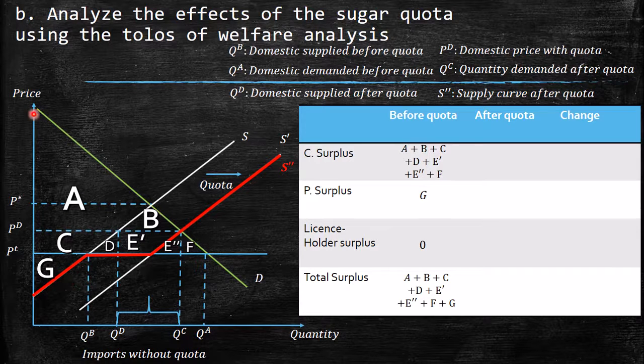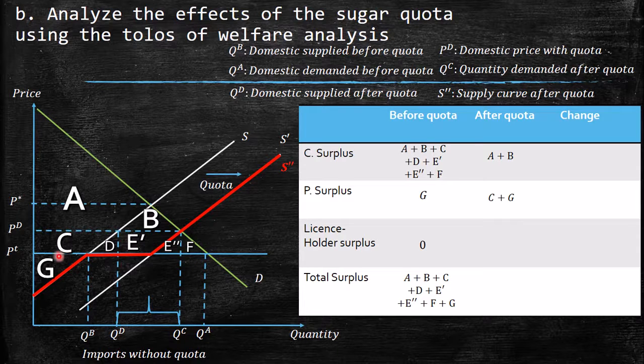So the total surplus was this whole triangle plus G. Now with the quota, consumers have to pay PD instead of PT. So this is going to be A plus B. This is going to be the new consumer surplus. The producers can offer the products at the price of PD instead of PT. So they are going to offer QD.